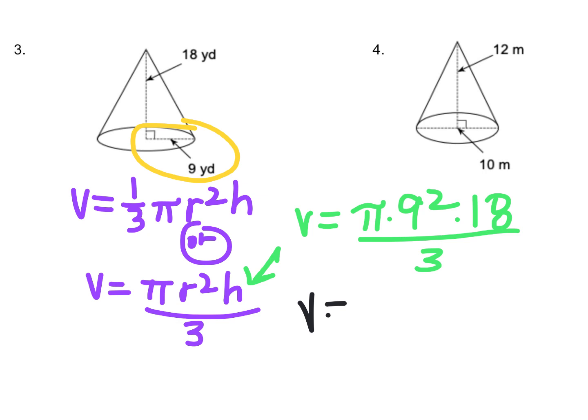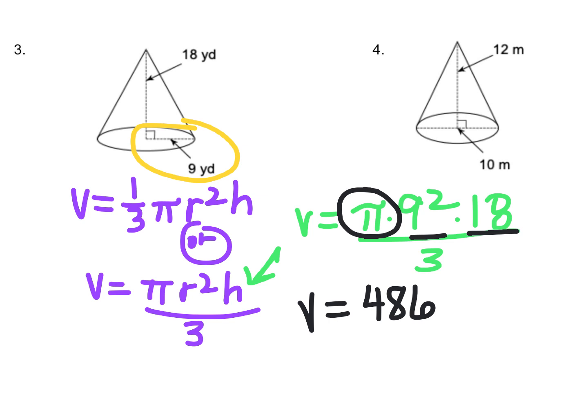Again, we're going to do this in terms of pi. Remember, that means don't calculate the pi. Do everything else. So I'm going to do 9 times 9, which is 81, times 18, and then divide that all by 3. When I do all of that, 81 times 18, and then divide by 3, I get 486.